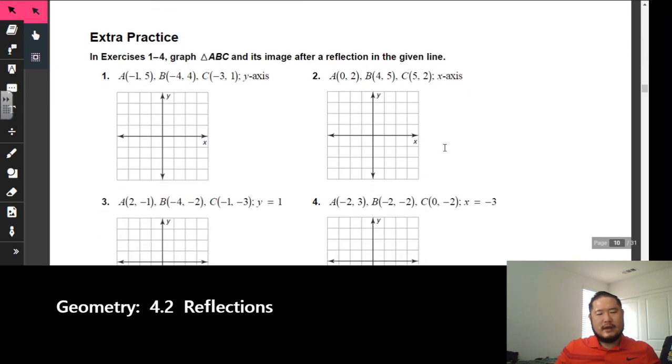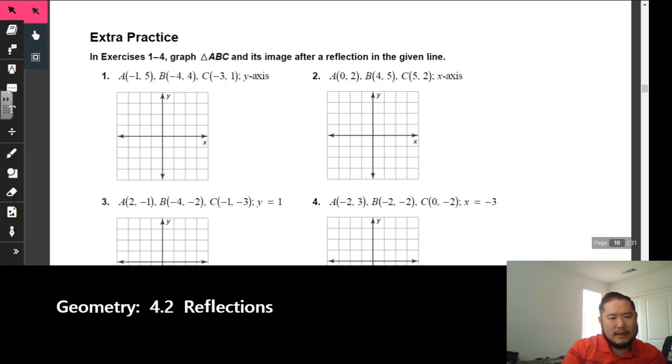All right, let's take a look right here at number 1. It says graph triangle ABC and its image after a reflection of the given line. It says we have ourselves y-axis reflection. So we have our 3 points right here. We have a triangle because it's 3 points, A, B, and C. So let's go ahead and graph these. Looks like based on what we have, we got negative 1, 5.